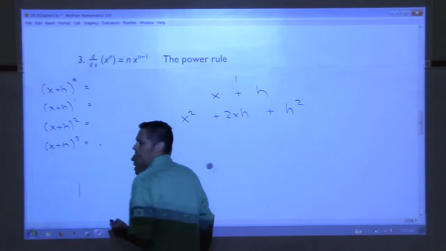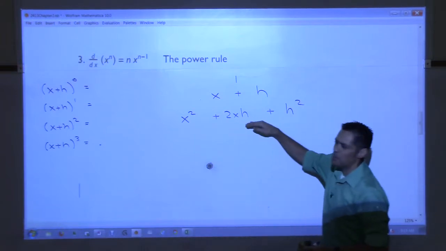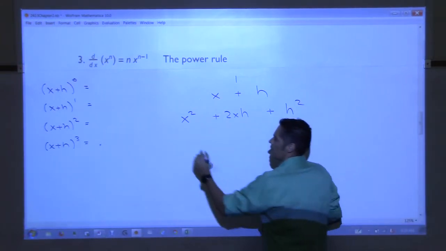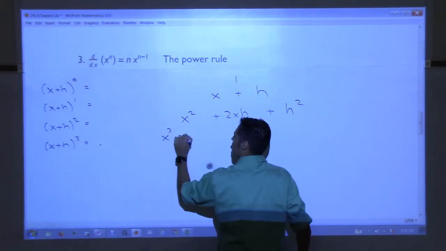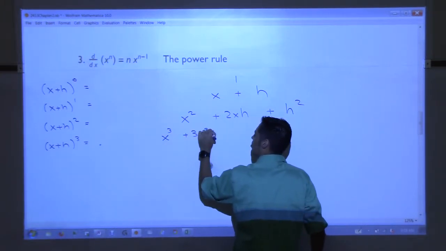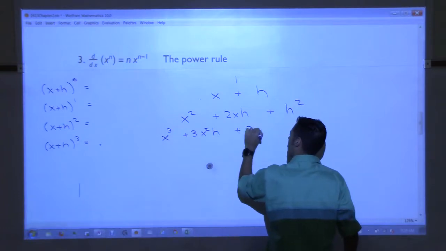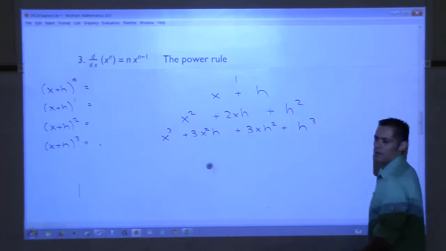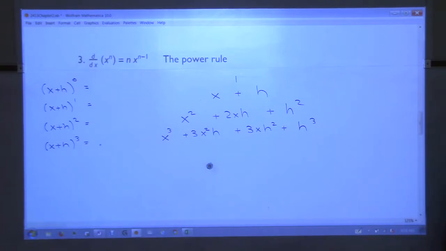You may or may not have that one memorized. A lot of people do because you've done it so many times. This one's going to be x cubed plus 3x squared h plus 3xh squared plus h cubed.